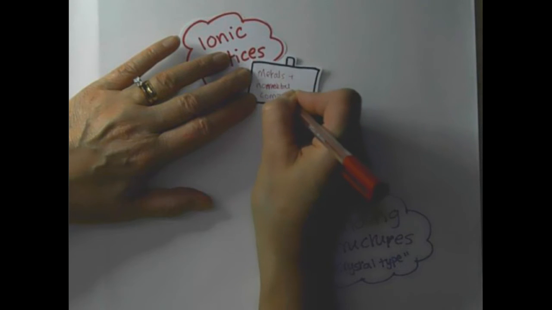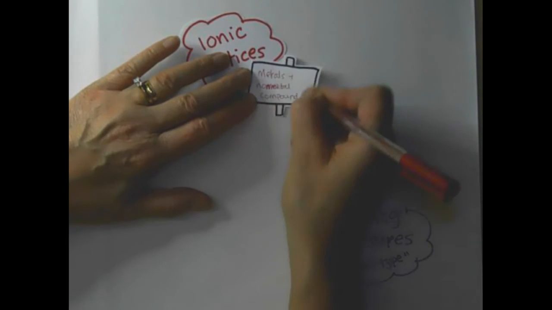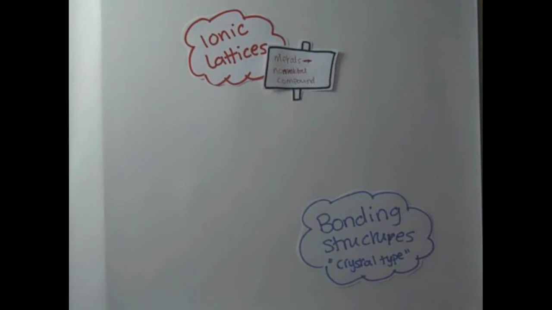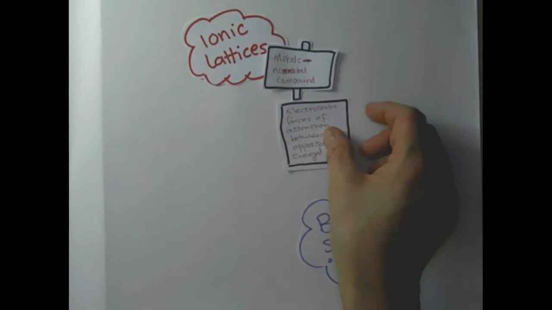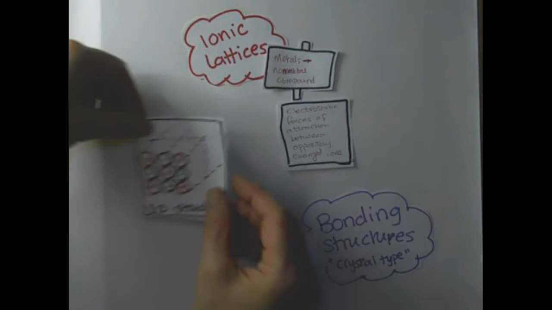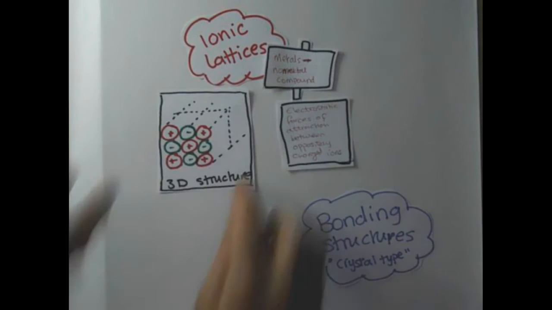Okay, so they are metal, non-metal compounds. And in terms of the bonding that we see between them, it's an electrostatic force of attraction between oppositely charged particles. And here's a particle diagram that I have drawn.